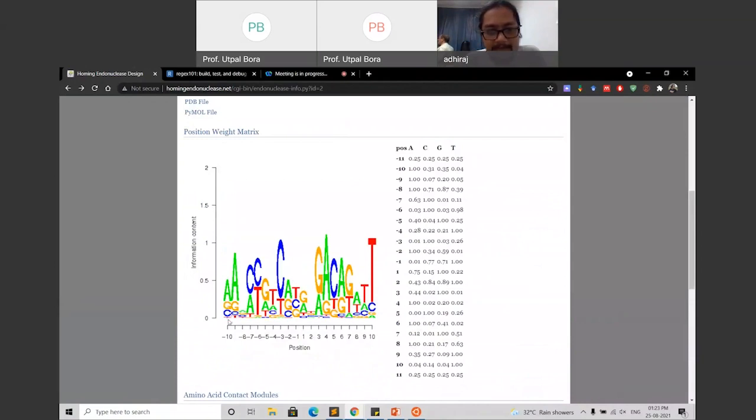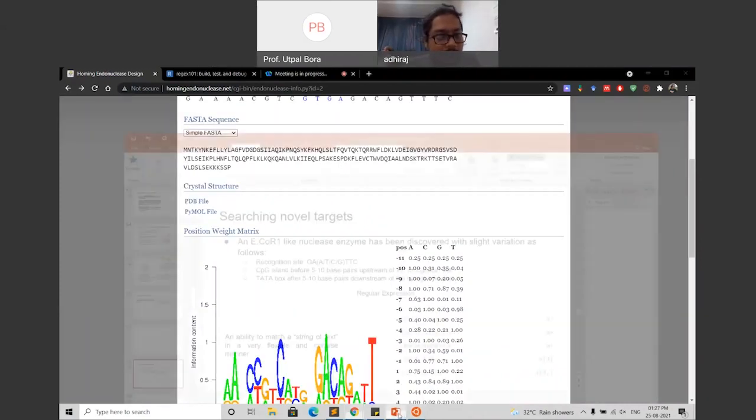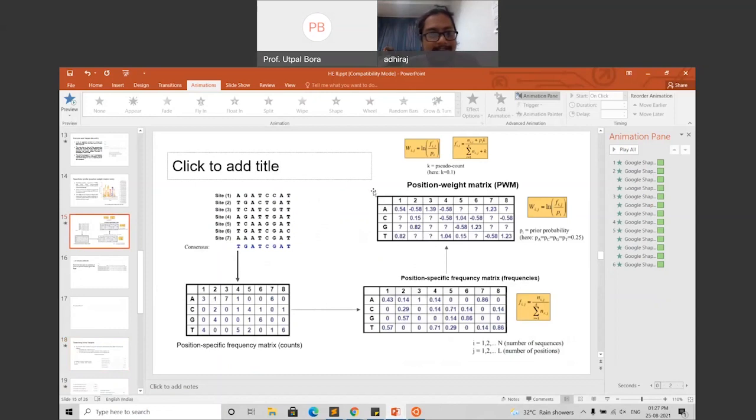Suppose in the consensus sequence, at the 10th position, there is a high chance of getting a T, and in your case, you are getting an A. This is how they will calculate the whole thing, right? That is the whole point of showing you this slide. Wait, I'll show you again.